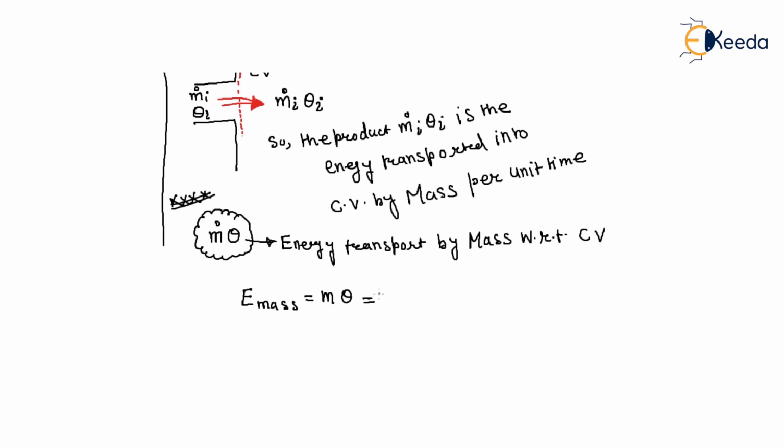That means m times h plus v square upon 2 plus gz, and on a rate basis, m dot theta, which is m dot times h plus v square upon 2 plus gz.